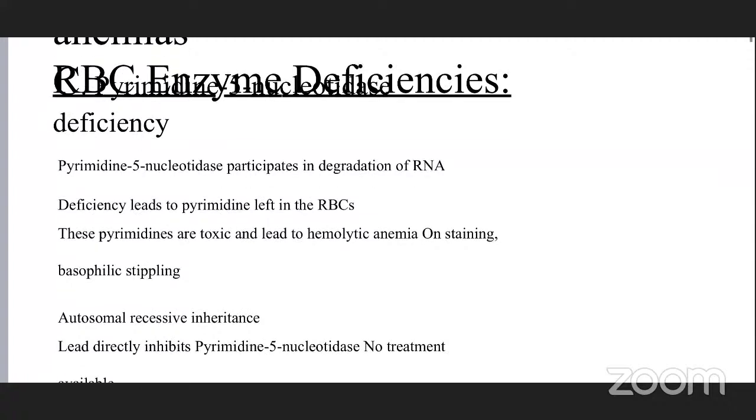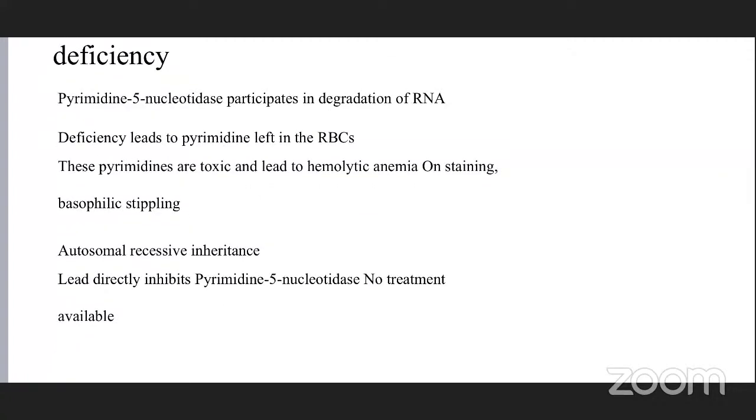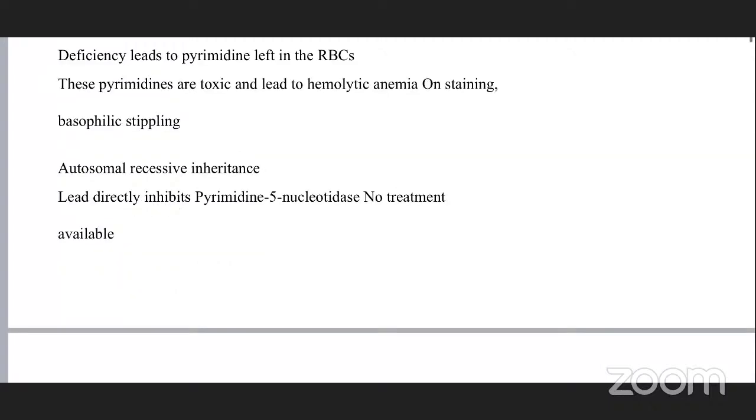It is autosomal recessive, and there is no treatment available. Actually, this is not common, but they like it in our MCQs. It leads to hemolysis, and on staining it is characterized by basophilic stippling. This is characteristic, and it is autosomal recessive, but it is uncommon to see a patient with it.